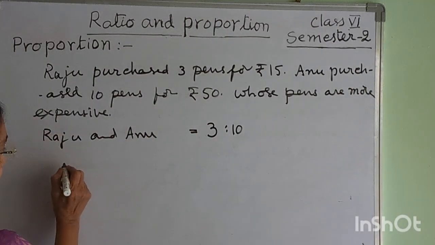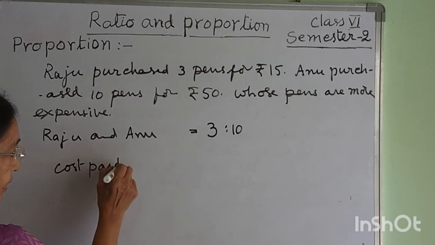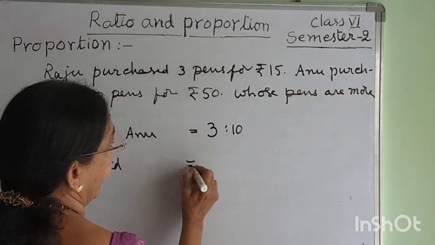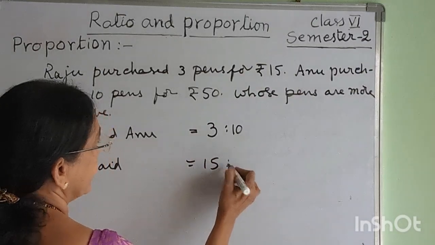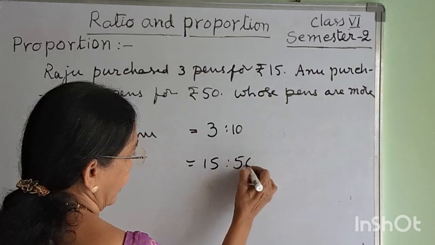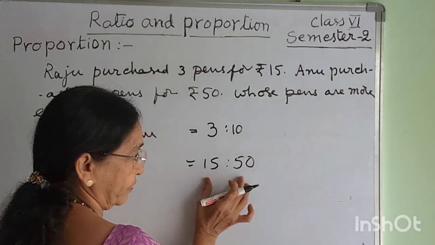Now the ratio of the cost paid for their pens is: for 3 pens he paid 15 rupees and for 10 pens he paid 50. Simplifying this ratio, both are divisible by 5.